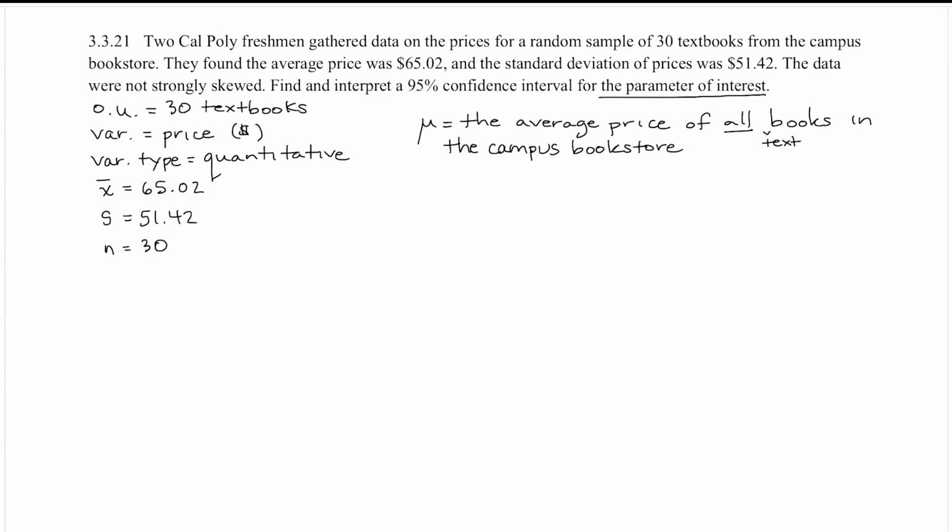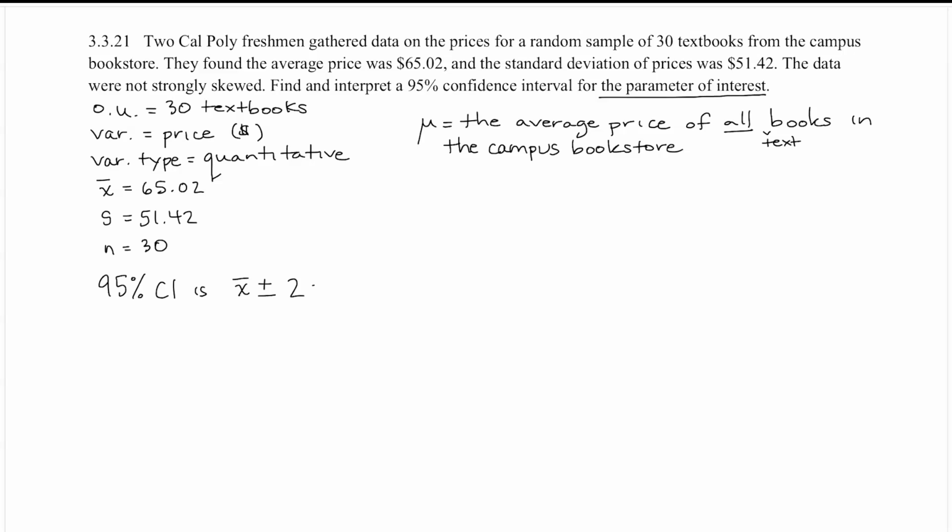Once again, the parameter is about the entire population. They collected a sample of 30 textbooks and they got a mean price for their sample, but what they're trying to do is come up with a set of plausible values for what the average price might be for all the textbooks in that bookstore, the entire population.